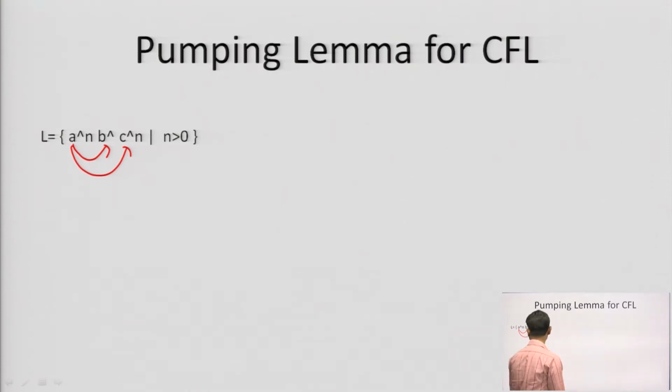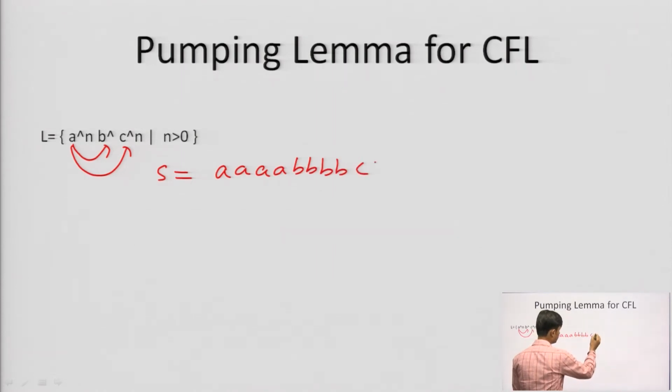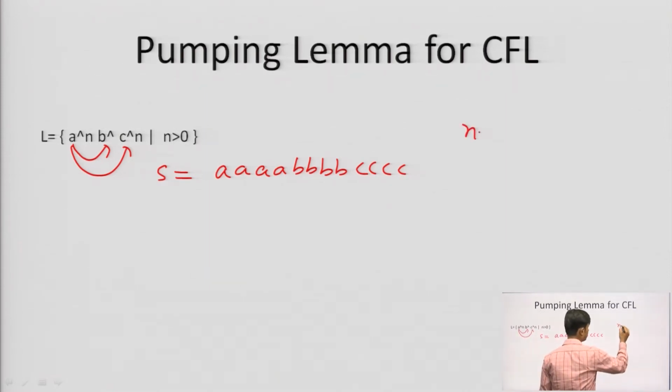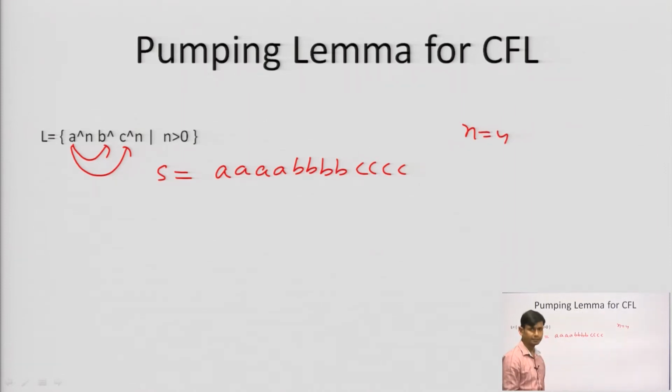Now check it. Suppose we take a string S in L, suppose we have A, B, B and C, C. So, we can have a string, this is A, B, B, C, C. When we take n as 4, this language derives a string, we consider this string.